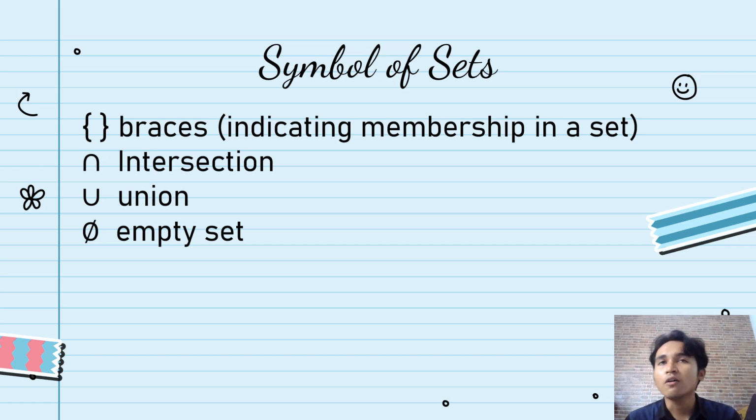Now, the union of two sets A and B is the set of elements which are in A, in B, or in both A and B.